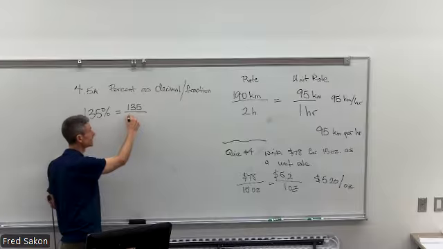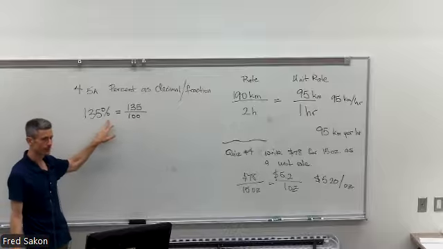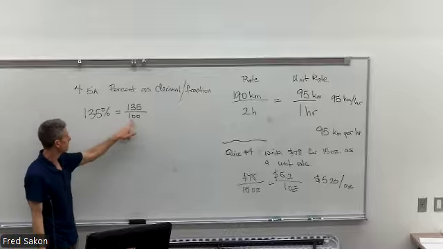Every 100 years. So that's what percent has embedded in it. That cent part means every 100. So you can think about it kind of like instead of a unit rate, it's a hundreds rate. When you see that percent symbol, everything's over 100, 135 over 100.